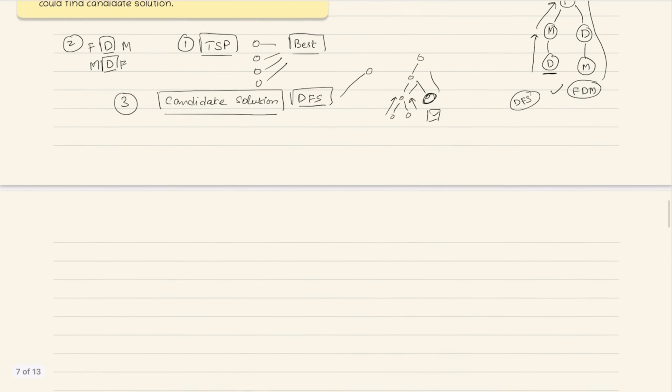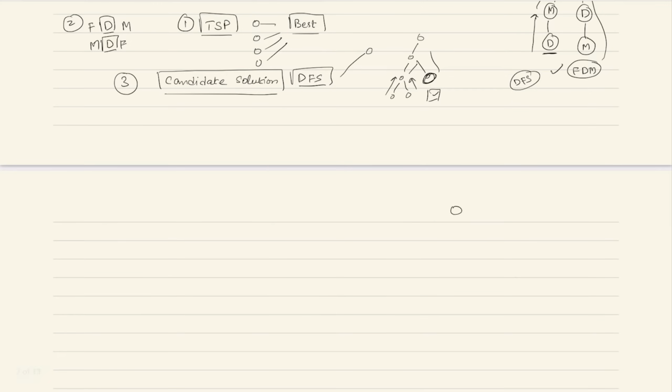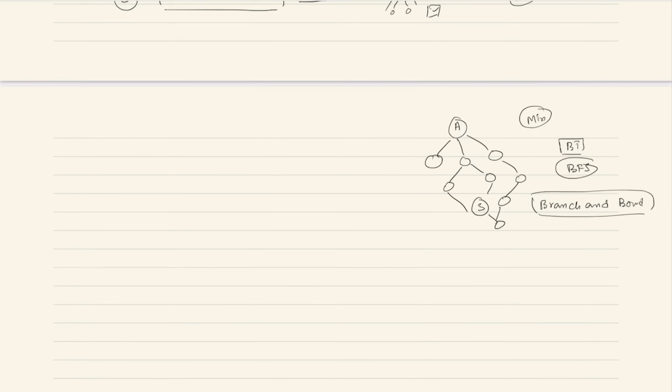Let's suppose in the graph this is node A and we have to go to node S. They are asking to find the minimum path to reach node S. In that case, instead of using backtracking, a better solution is the BFS approach, or branch and bound, so you can get the solution in a better way. In such cases you can use Dijkstra to solve the question.